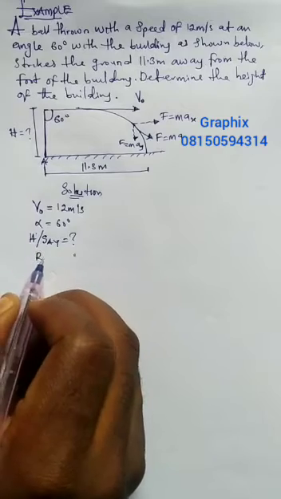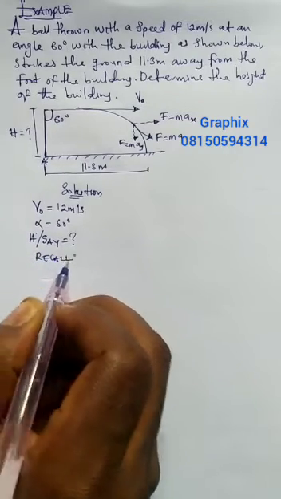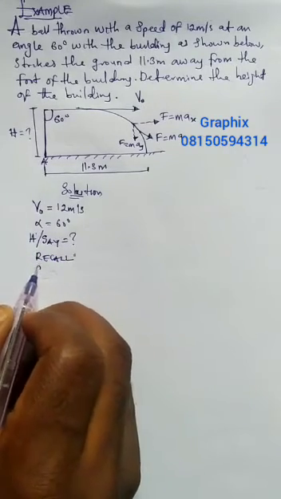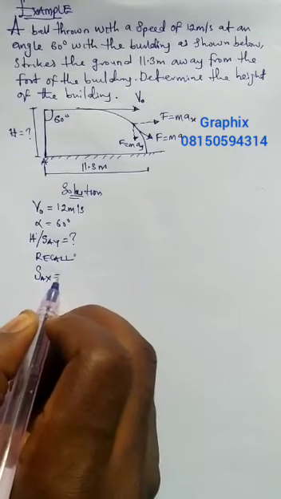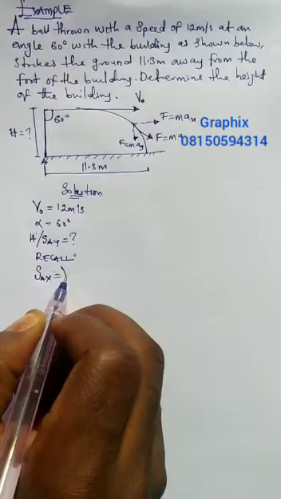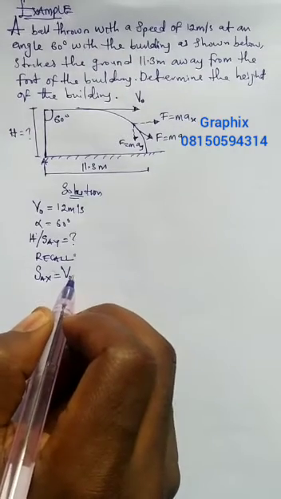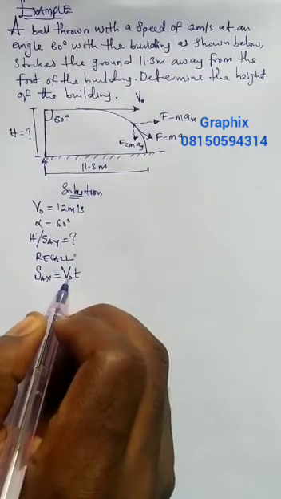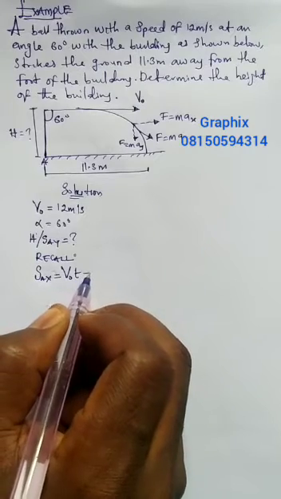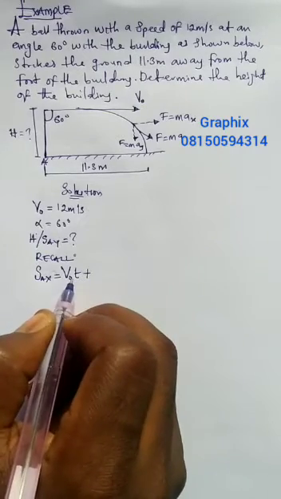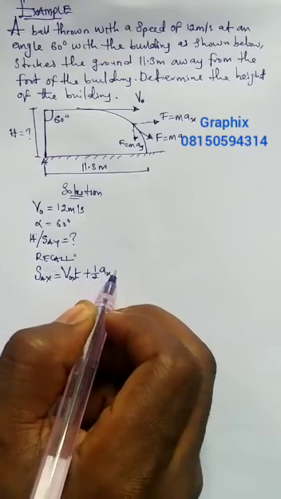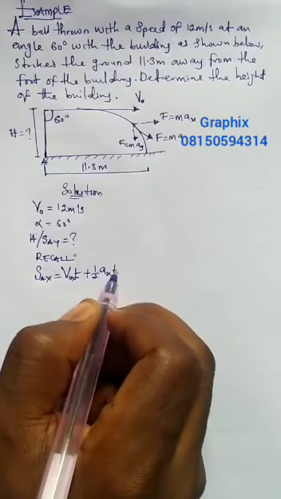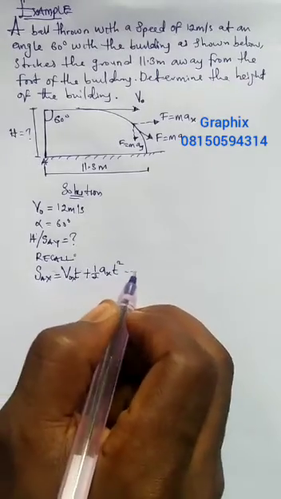So recall, we have S_AX equals V0 T, that is initial velocity times time, plus half AX T square. This is equation 1.